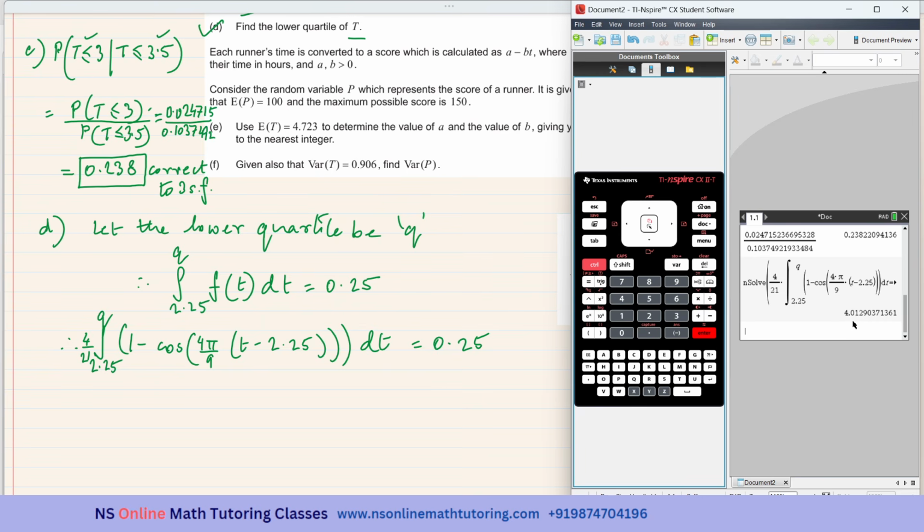Okay, it is 4.0129. So correct to three significant figures, it will be 4.01.